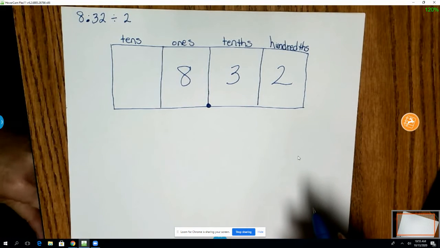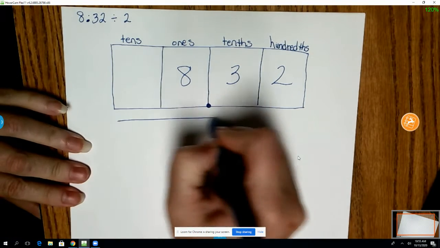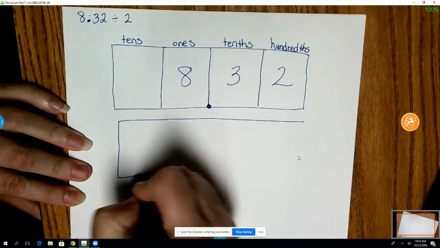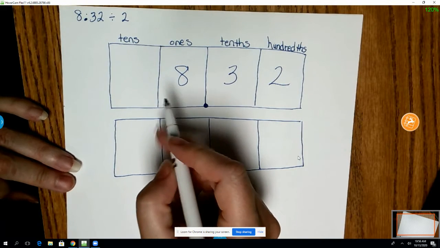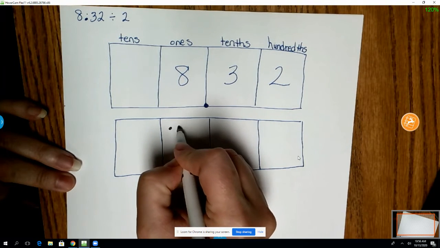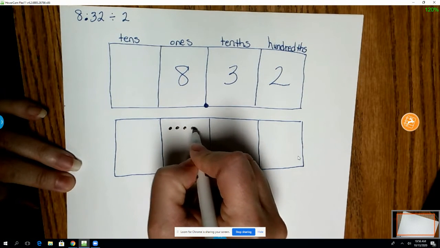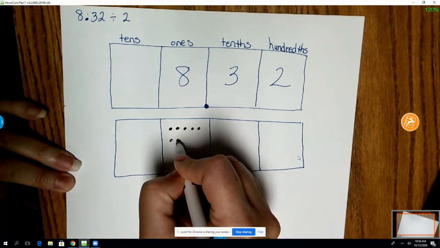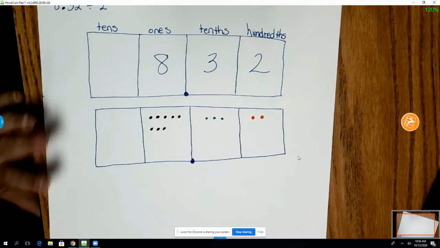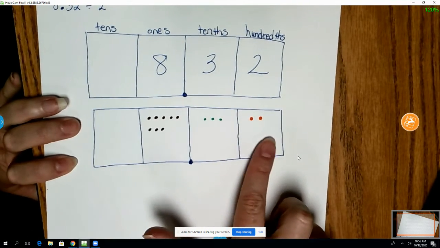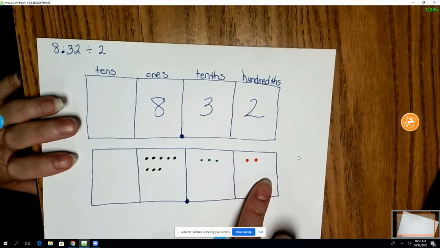Now I want to be able to draw those in a place value chart. You do that as well. So now I have my 8 and 32 hundredths drawn with dots, and I'm ready to divide them.